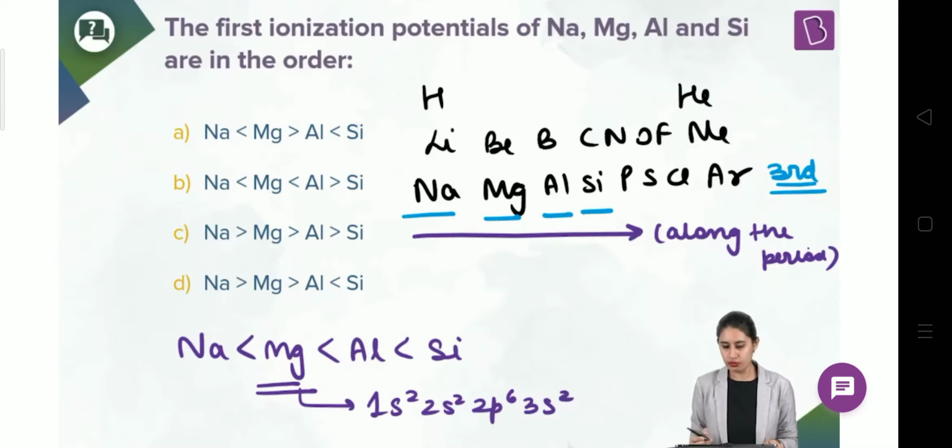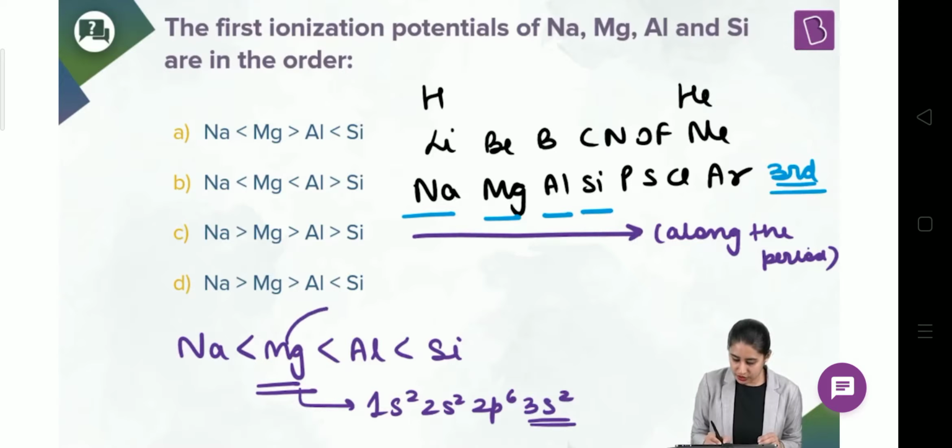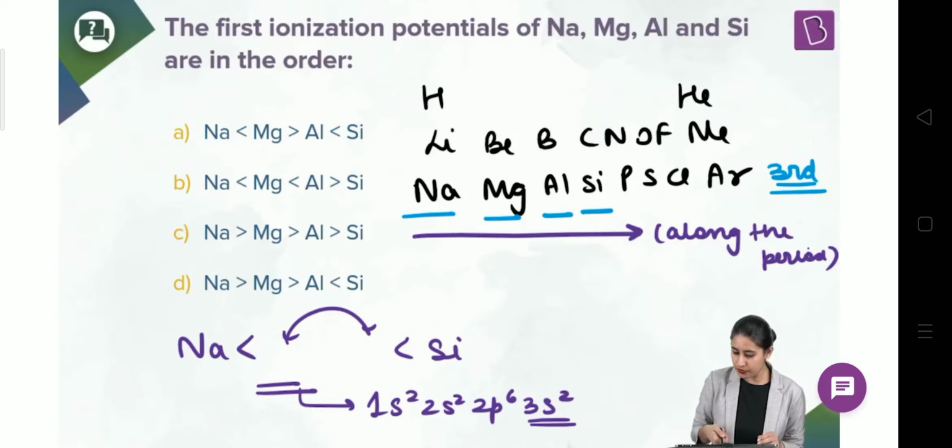Why 3s2? You know now how to write the electronic configuration. The atomic number is 12 for magnesium. So you can clearly see a fully filled electronic configuration coming your way, right?